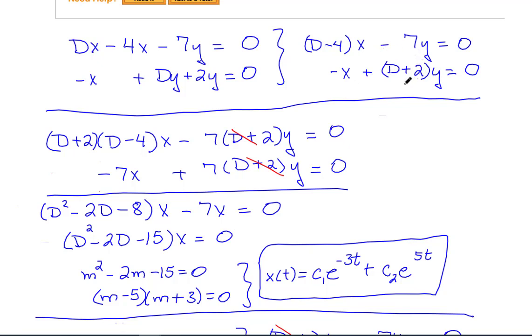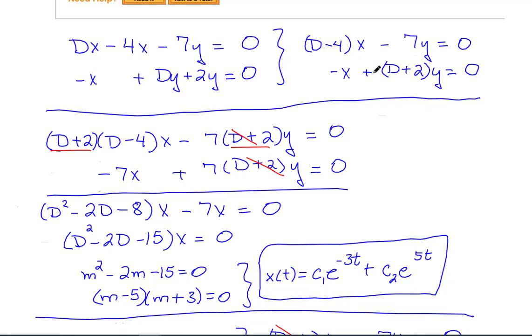So in the first case, I'd like to try to get rid of the y terms. So looking at the y terms, I've got a minus 7 and I've got a D plus 2. So I'm going to multiply the top equation by D plus 2 all the way across. So here is that D plus 2 all the way across.